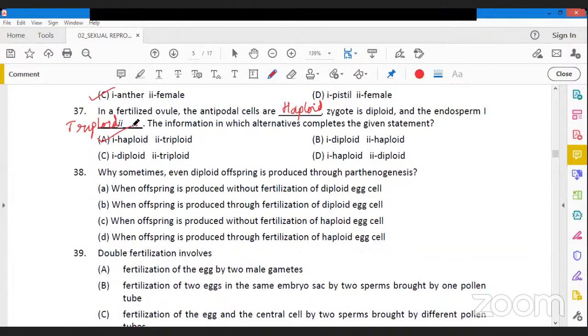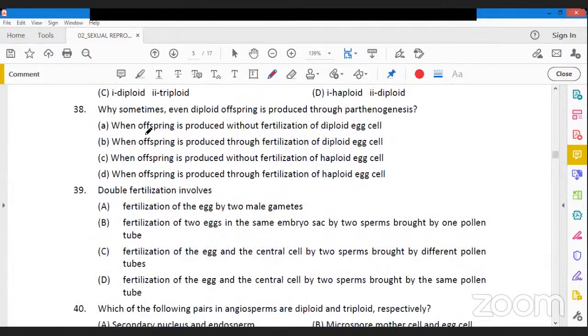Done. Then 38th question. Why sometimes even diploid offspring is produced through parthenogenesis? In parthenogenesis it should be haploid because it develops from the female gamete, but sometimes there will be diploid. So when the offspring is produced without fertilization of a diploid egg cell, chances are there.